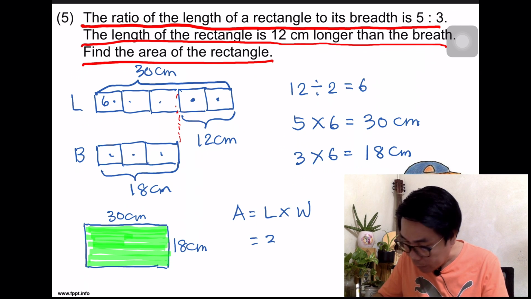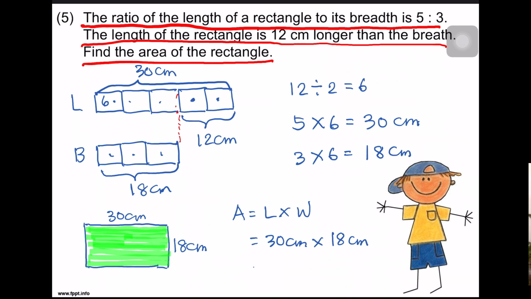If the length is 30 centimeters and the width is 18 centimeters, multiplying them, 30 times 18 is 540 square centimeters. So that is the area.